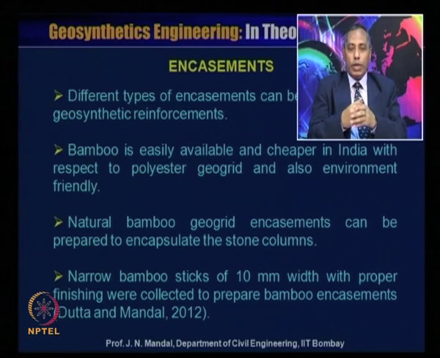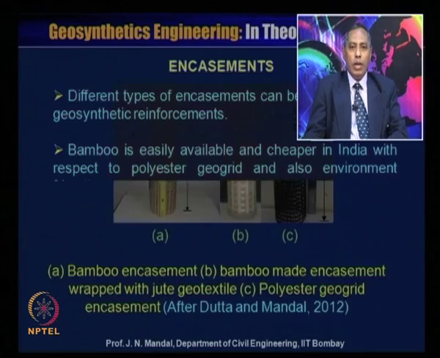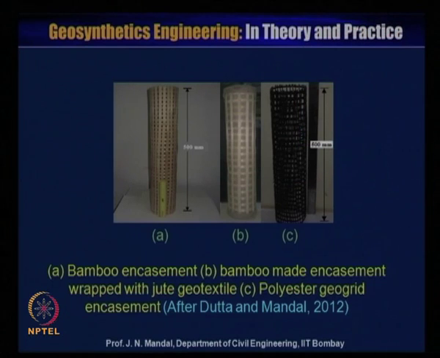Narrow bamboo sticks of 10 millimeter with proper finishing were collected to prepare the bamboo encasement. This is given by Datta and Mandal 2012, and plenty of bamboo is also available.